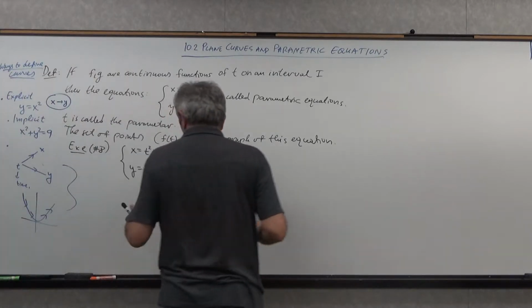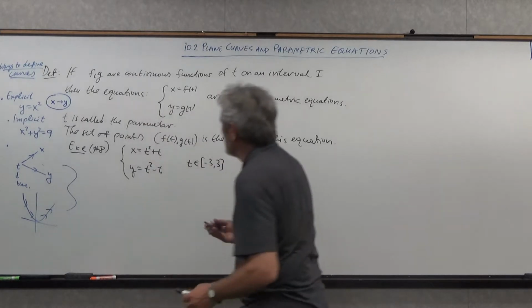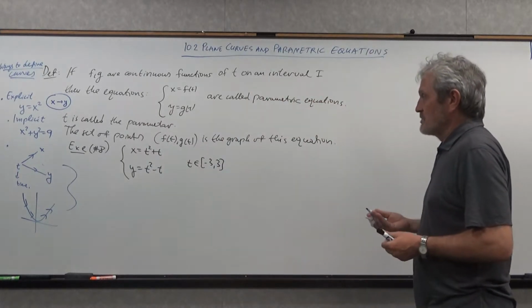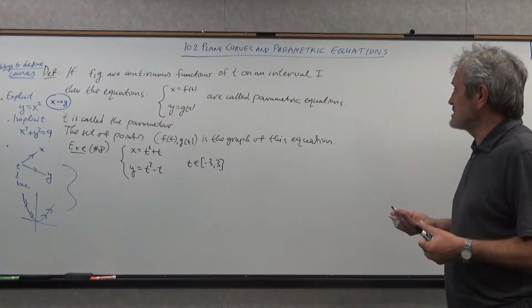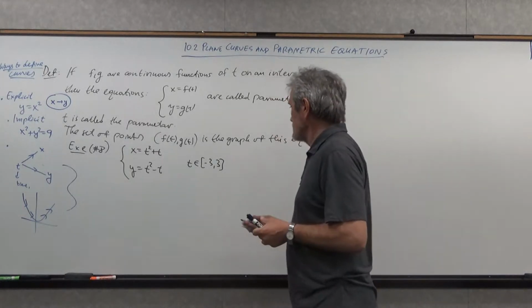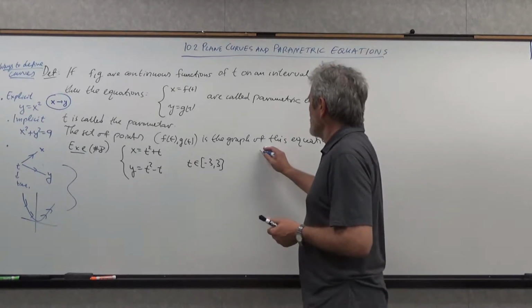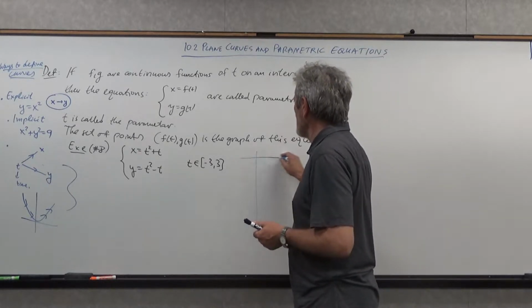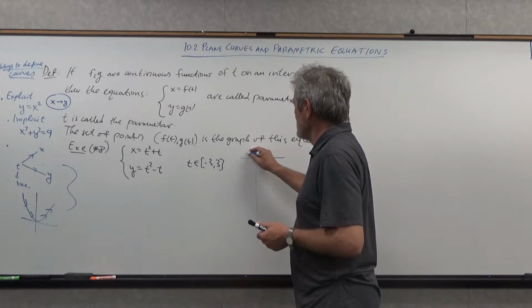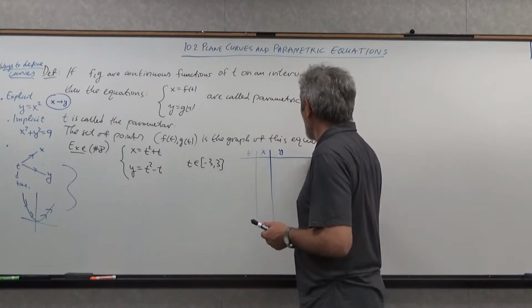All right, so I hope now we have motivation to describe what's happening here. What do we do generally? The easiest thing probably is just to make a table of values. We can do that using a calculator as well, but in the beginning we'll do it by hand. So here is t, here's the value of x, and here's the value of y.